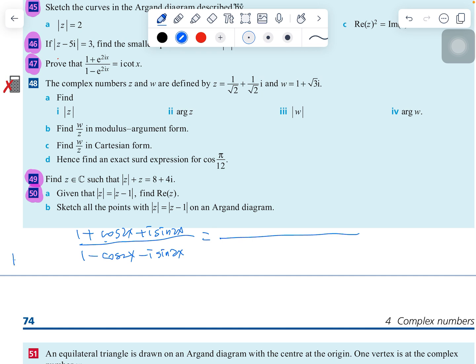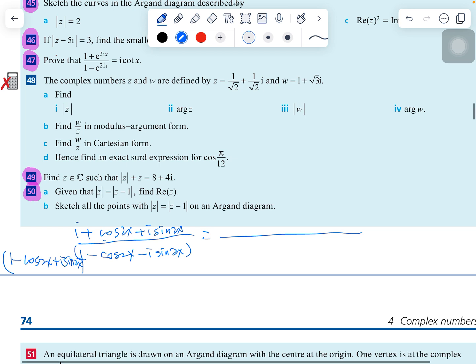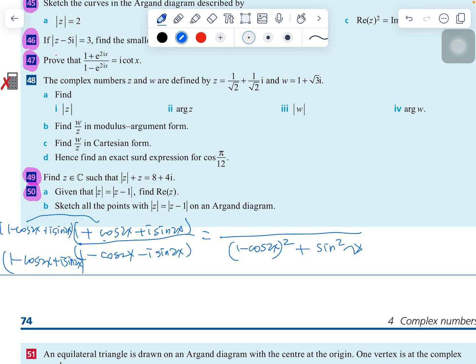For the rationalization, multiply by 1 minus cos 2x plus i sine 2x, again the same on top. So the denominator is 1 minus cos 2x squared plus sine squared of 2x. The upper part, let me expand and calculate at the same time.